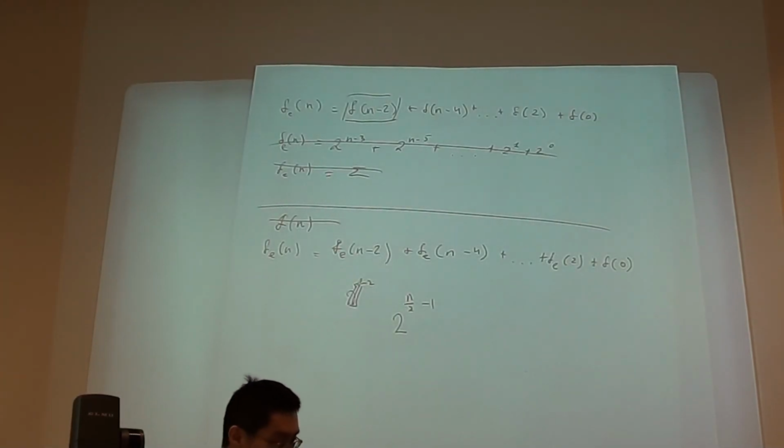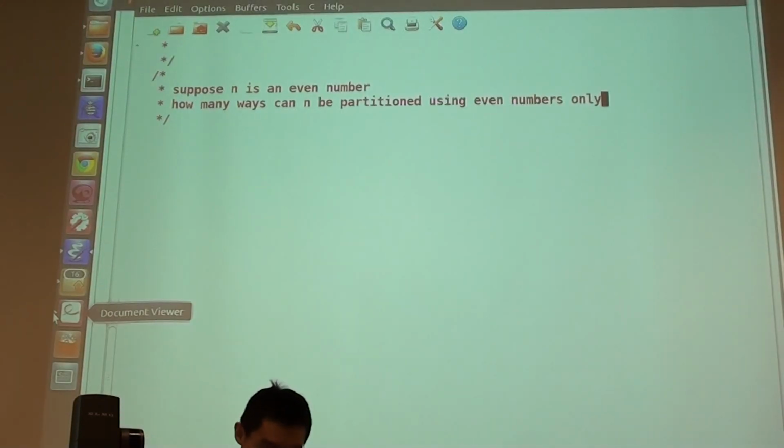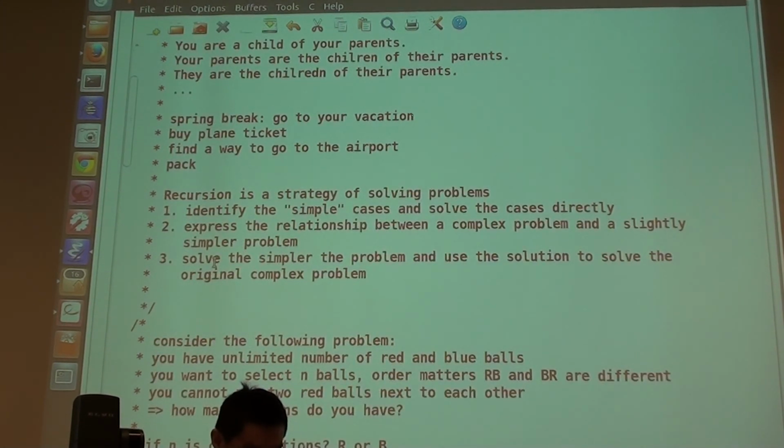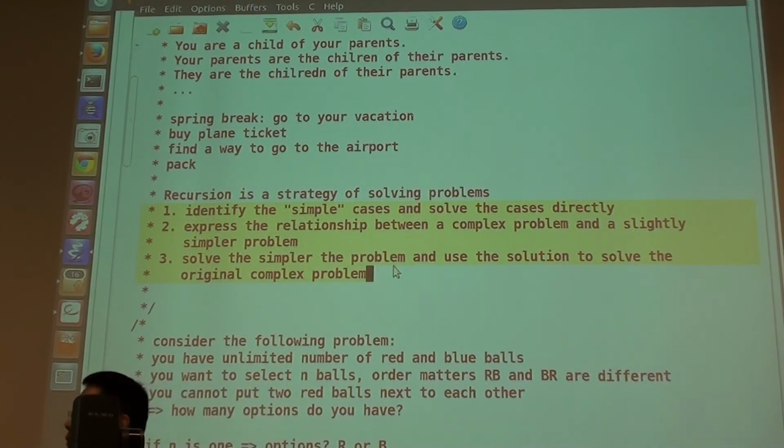So let me remind you how to solve it. You identify the simple cases. For example, prime numbers, let's say 1, or 2, or 3, or 7. You need to have a way to detect whether a number is a prime number.